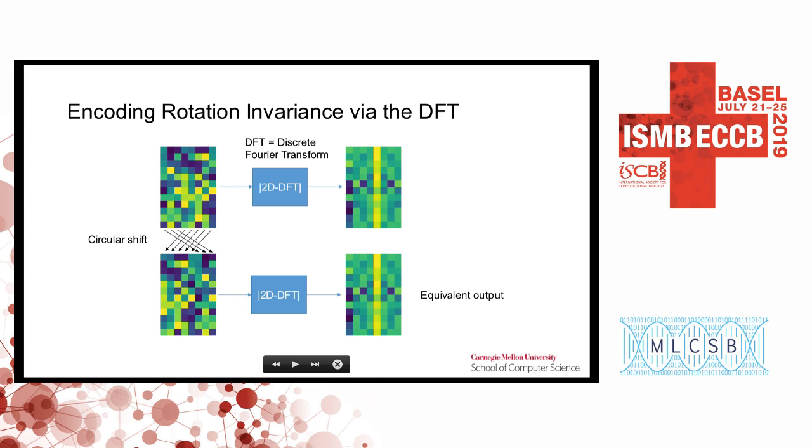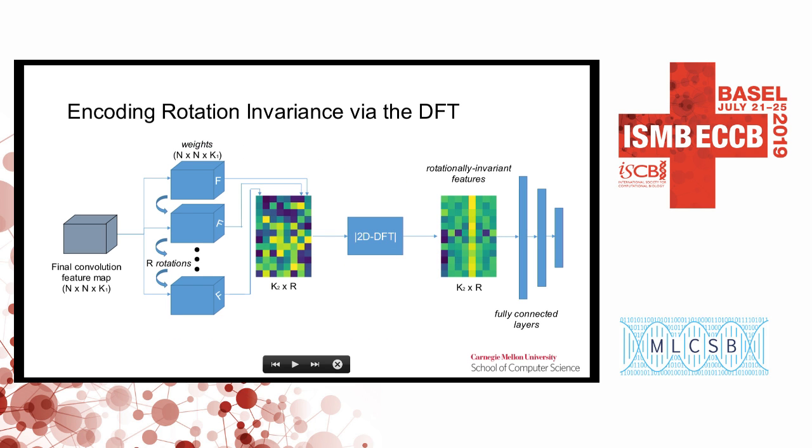If we take this matrix and we circularly shift the columns, denoted by these arrows here, by any circular shift, and we pass it through the 2D DFT and take the magnitude response, we're guaranteed to have the same result. So the 2D DFT is invariant to circular shifts of the input data. So we can use this in our network if we can transform rotations to circular shifts.